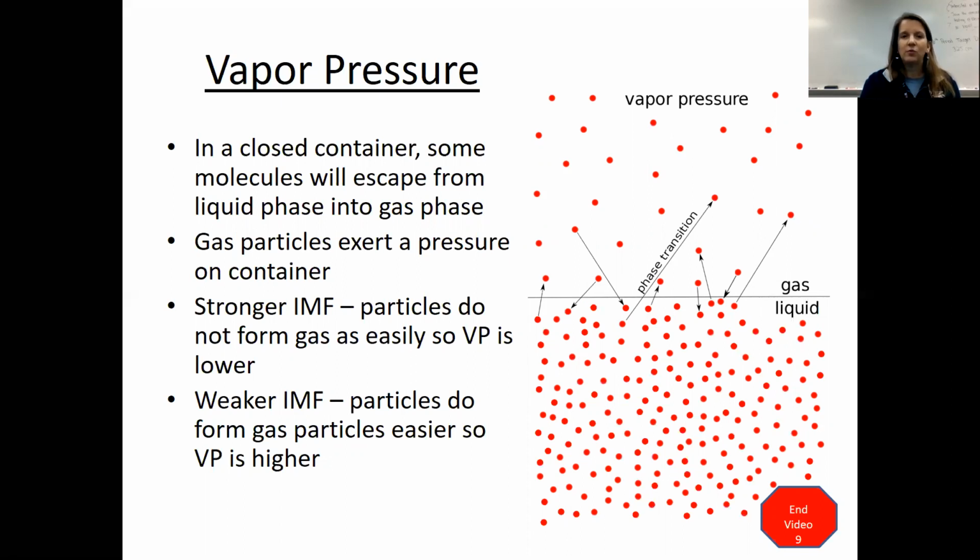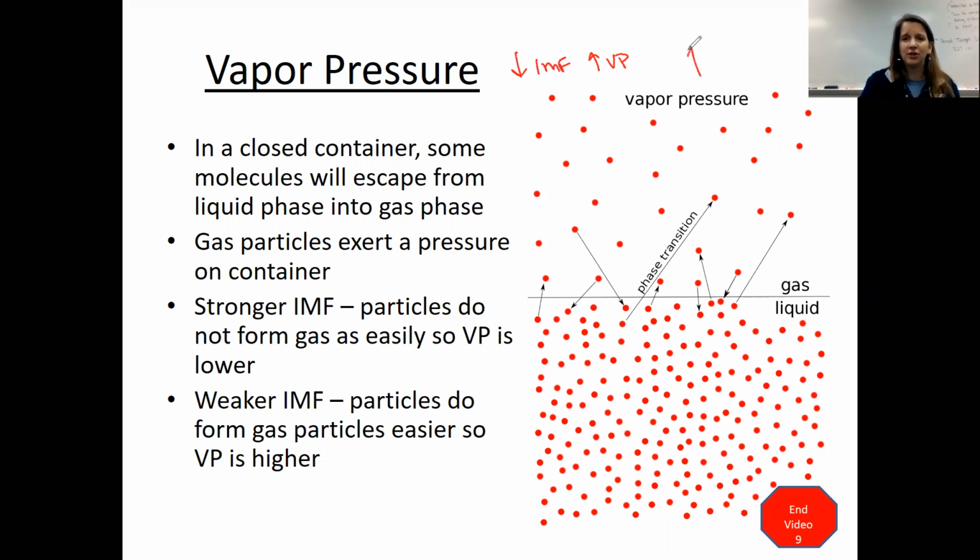So we're trying to figure out which types of substances would have a higher vapor pressure. Well, those would be the ones that are easiest to escape into a gas form. So lower, weaker IMFs. If it has a weak IMF, it's going to have a high vapor pressure, because if these IMFs are weak, particles are going to be able to escape into the gas form easily, hitting the sides of the container more frequently, increasing the vapor pressure.